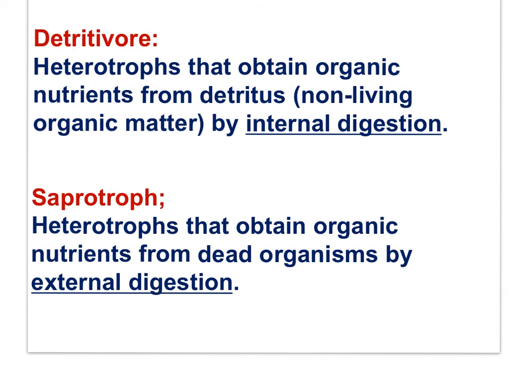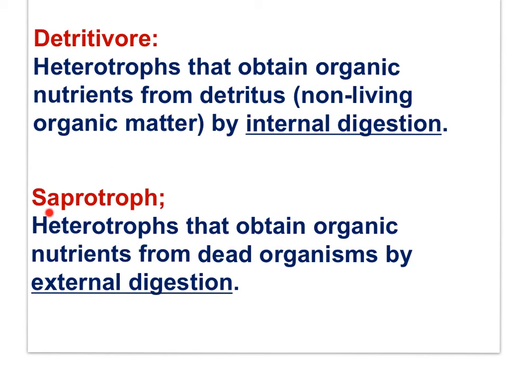So let's define detritivore. Detritivores are heterotrophs that obtain organic nutrients from detritus, non-living organic matter, by internal digestion. Detritivores ingest and then digest fragments of dead organisms and the wastes of living things, and the digestion happens internally within their gut.